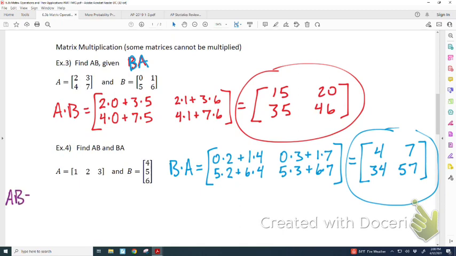This one looks really weird because when I flip A on its end and I multiply through B, we're going to end up with one number. Because remember, we multiply every element in row 1 times every element in each column, but there's only one of each. I'm going to end up with 1. We go 1 times 4 plus 2 times 5 plus 3 times 6. We end up getting one number for this result, 32.